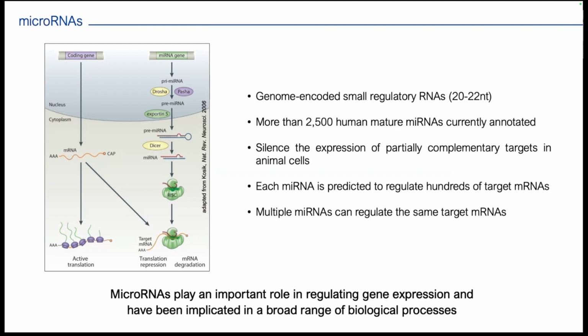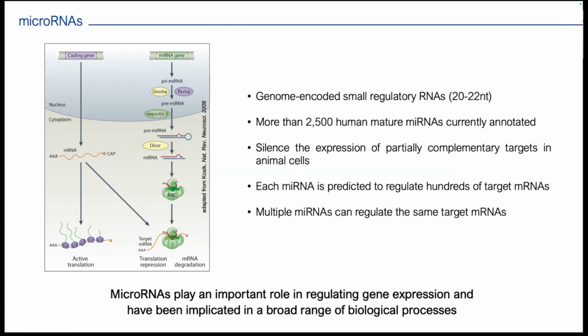The microRNAs have evolved to be partially complementary, and this leads to modulation of gene expression, inhibition of gene expression, not by slicing of the RNA, but by other mechanisms that involve translation repression and RNA degradation. Very interesting and very important is that each microRNA can regulate multiple targets.